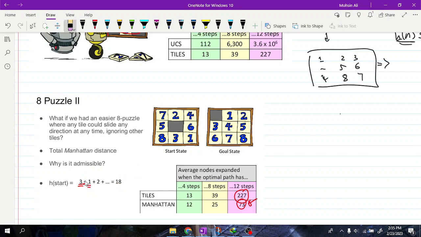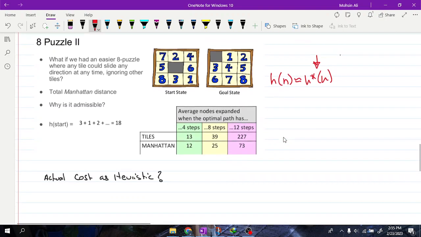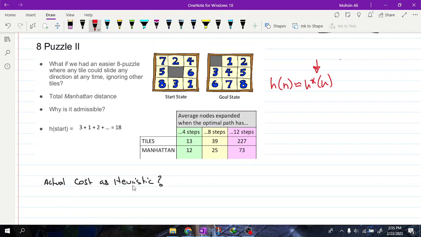Now comes the question: what I just discussed was that if my heuristic is very, very close to my actual cost, then why don't we use the actual cost in the first place, right? Well, you can't use the actual cost as a heuristic, because if you knew the actual cost in the first place, then you would have just solved the question, right?